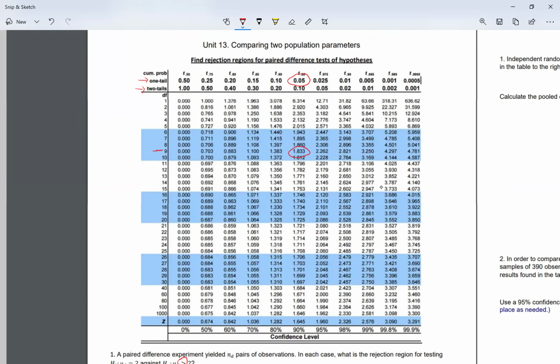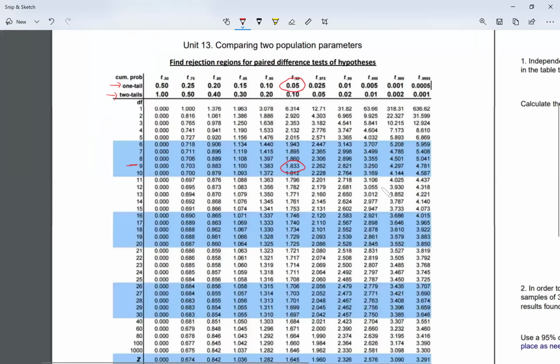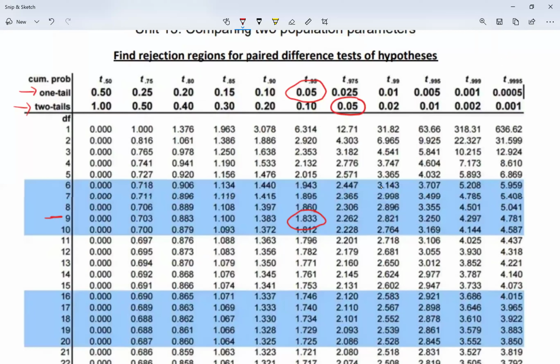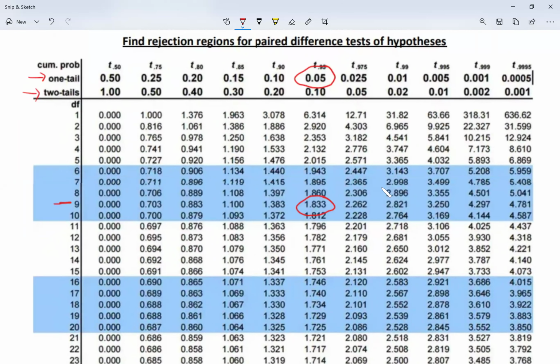Do you guys see that? My alpha that I'm using again is one tail because it has the inequality sign. If it had the equal sign, I would be looking at two tail. Let me emphasize the alpha, you guys see the 0.05 twice. It does matter which one you guys are using, because I have an inequality sign, so I'm using the one tail.